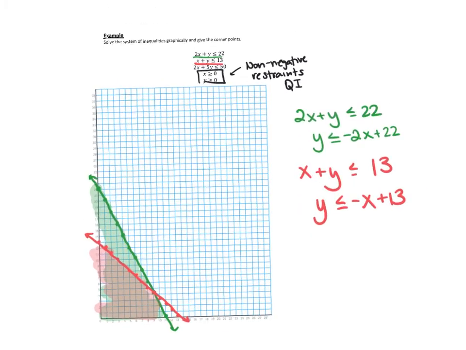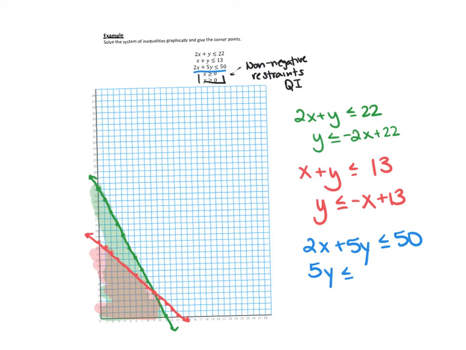And then the last line says 2x plus 5y is less than or equal to 50. Again, get y by itself. This time I'll subtract off 2x.